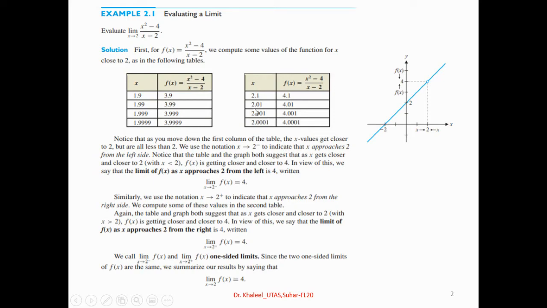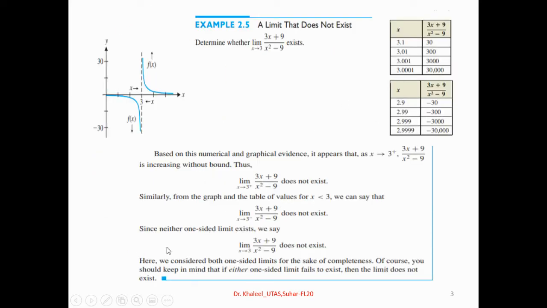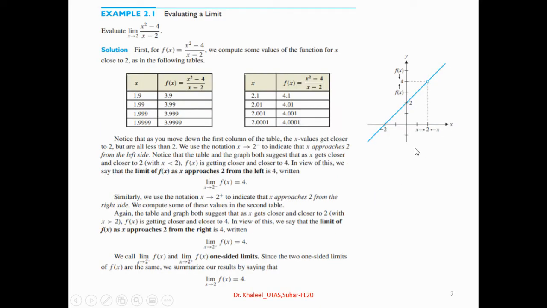Again, the table and the graph, you see this table and the graph now. What is happening here is we are approaching 2 from the right side, right? And I have to follow the graph from here, and it is going to what? 4.